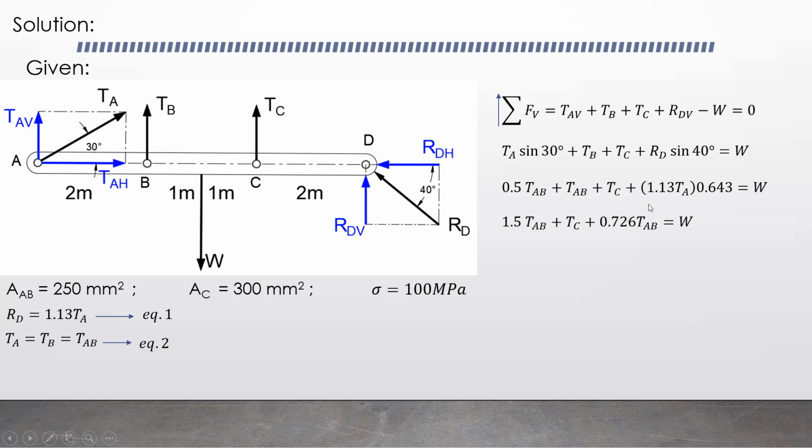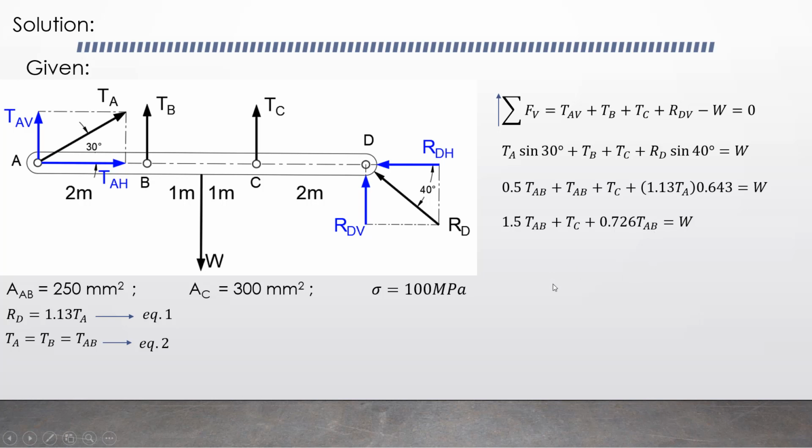And then since our TA is equal to TB and we equate it to TAB, we just replace TA and TB with TAB to further simplify our equation, and then we get this value 0.5 TAB plus TAB, so that's 1.5 TAB. Then we just multiply 1.13 by 0.643, and we get 0.726 TAB.